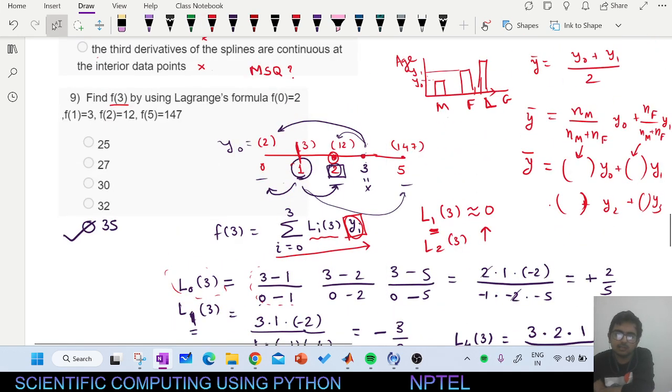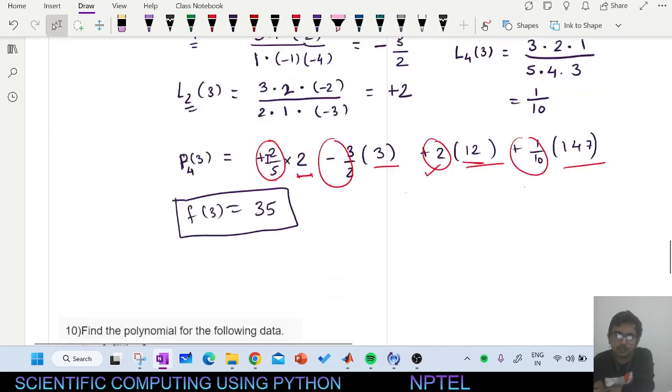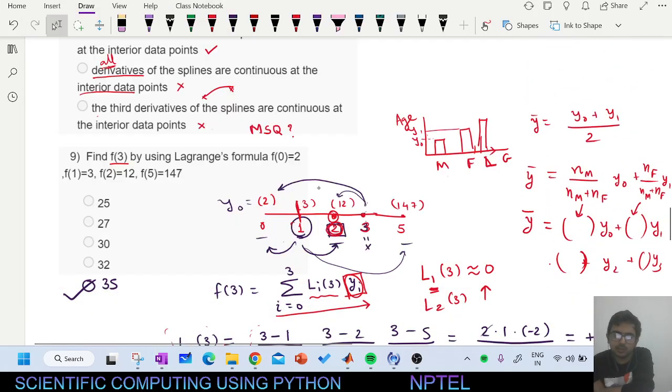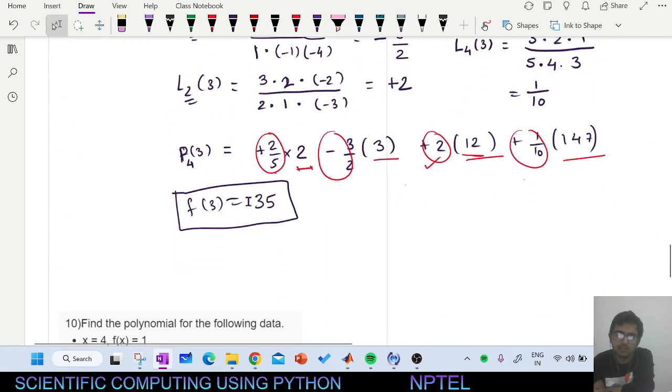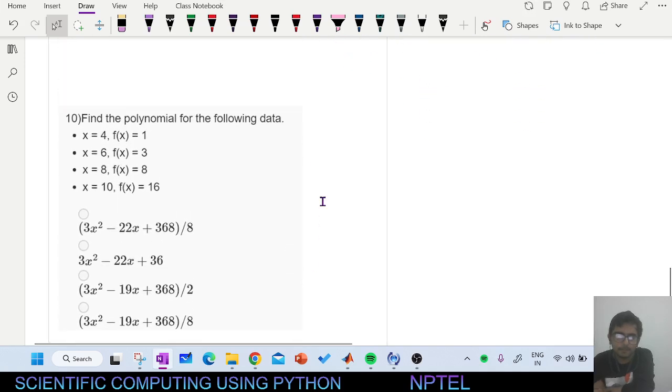And the 12 one is 2. Why does it have the highest weight? Because it is closest to 3. And that makes sense. If you are going to be close to here, the influence of this point is going to be the maximum, right? So that's the idea.